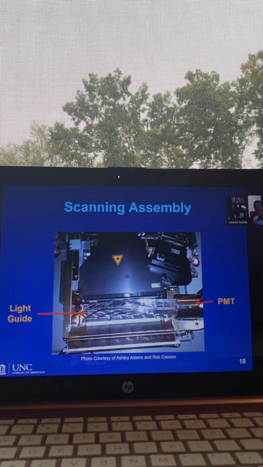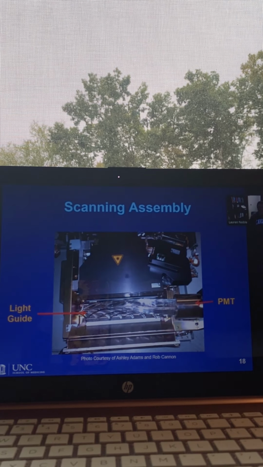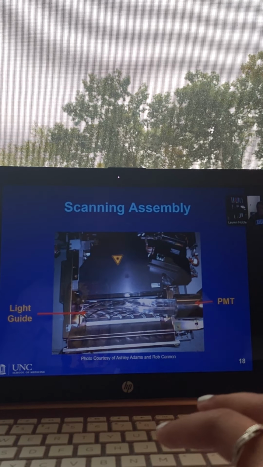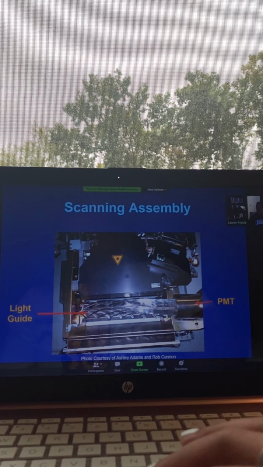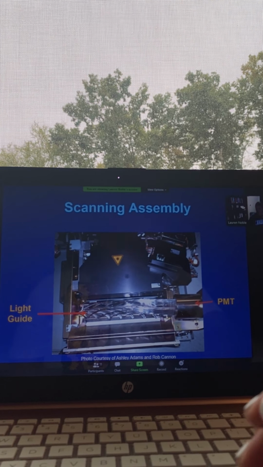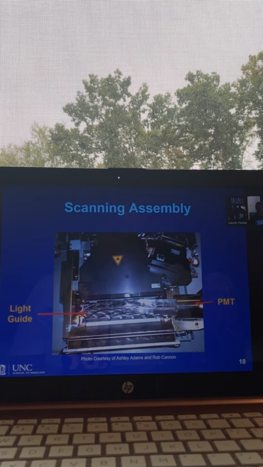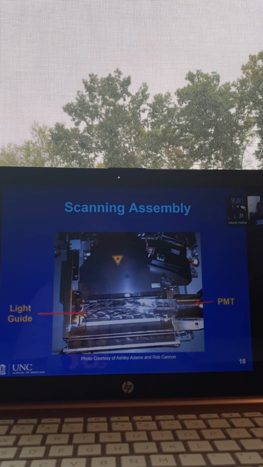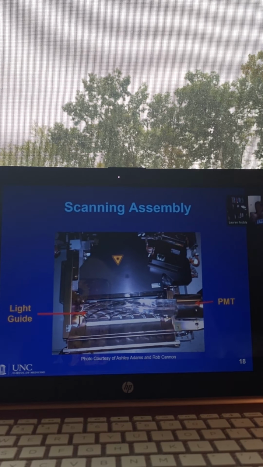That photomultiplier tube takes the light and converts it back into electrons, or an electrical signal. That's our image data. You may also hear it referred to as an analog signal. We'll be talking a little bit more about that. So we start out with X-rays, and ultimately we end up with electrons.